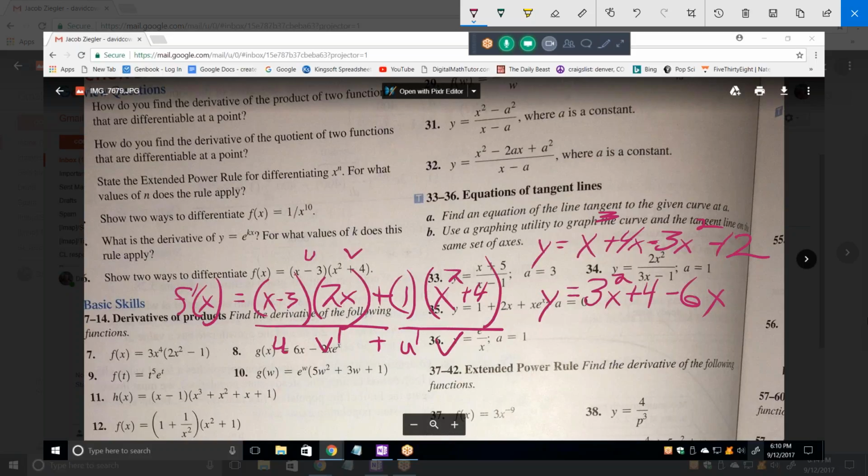You have one term times the derivative of the other or vice versa, but you never have two terms where you're not differentiating one of the terms or where you're differentiating both terms. That doesn't happen on any of these rules.